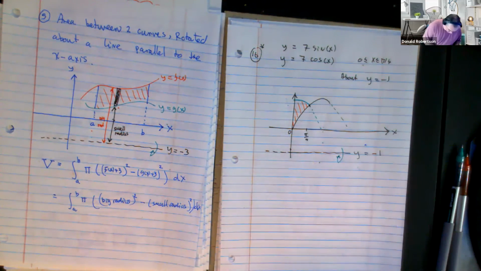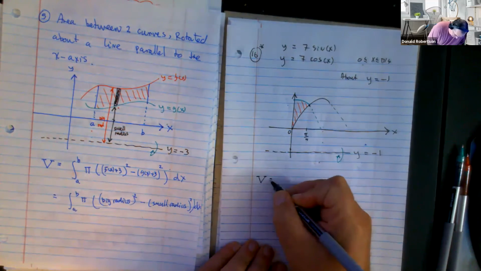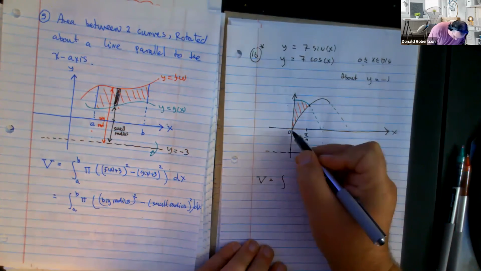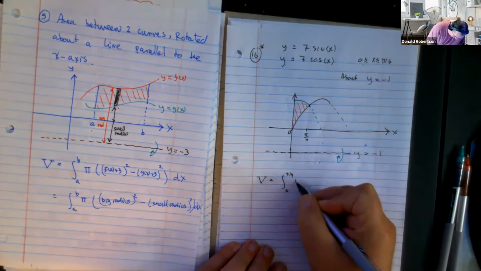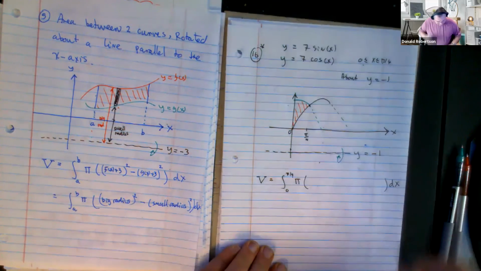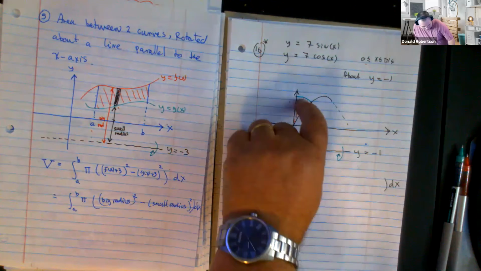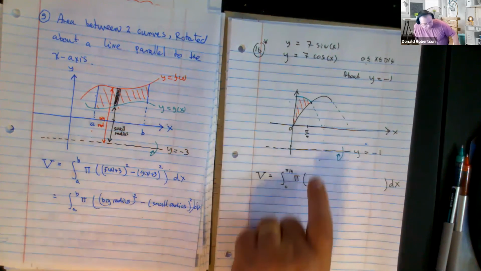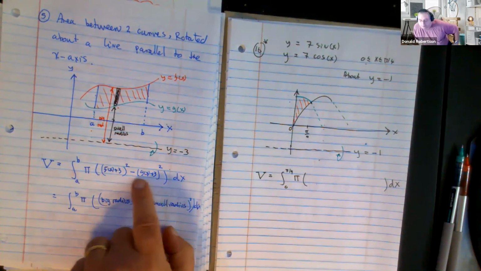Right, so we should be able to set up the integral that does that volume. Well, it's going to be the integral from start to finish, so that was the easy bit. Pi is there. One of these guys is basically going to go here, and the other one of these guys is going to go here. Right?